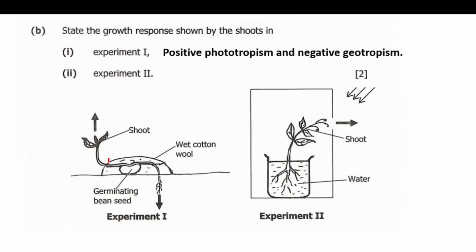The response towards light, or in the direction of light, we can call positive. And it is also showing negative geotropism, meaning that it is responding opposite to gravity. It is not responding to geotropism as it is growing upwards, facing light.